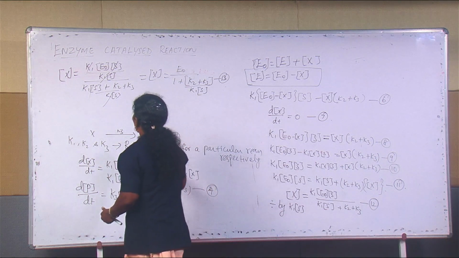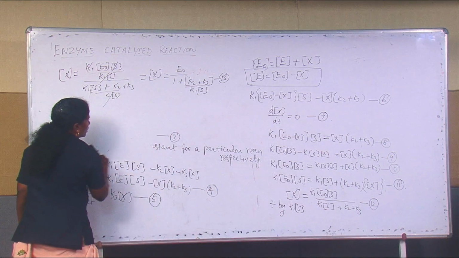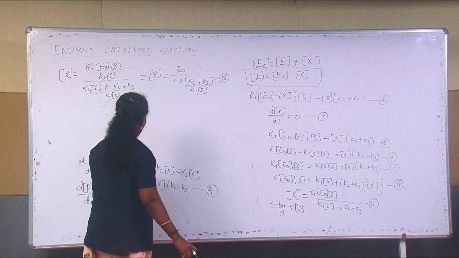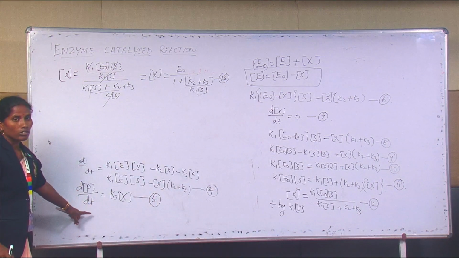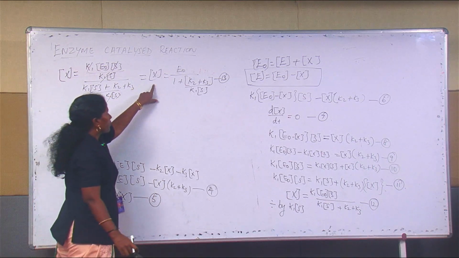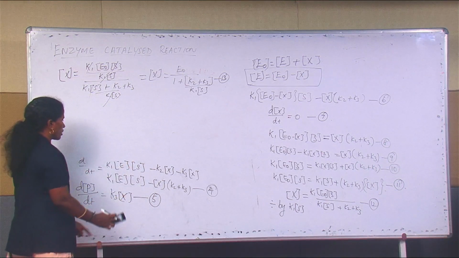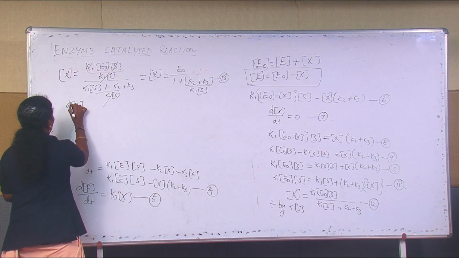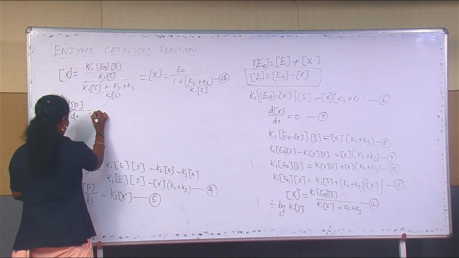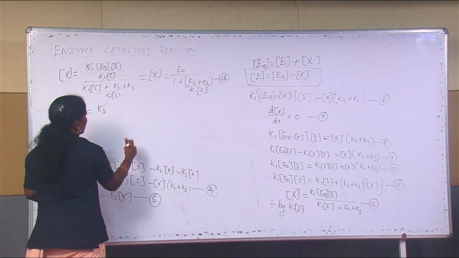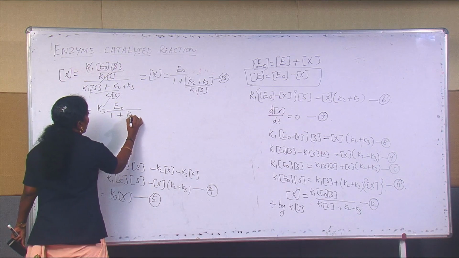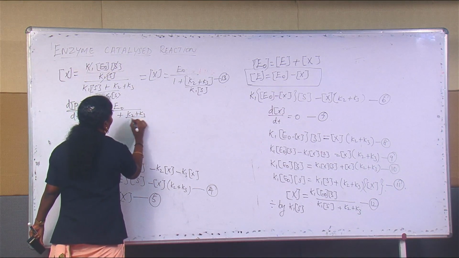We can substitute this equation number 13 X value in equation number 5. So dP by dt equal to K3, instead of X we can substitute E0 by 1 plus K2 plus K3 by K1S.